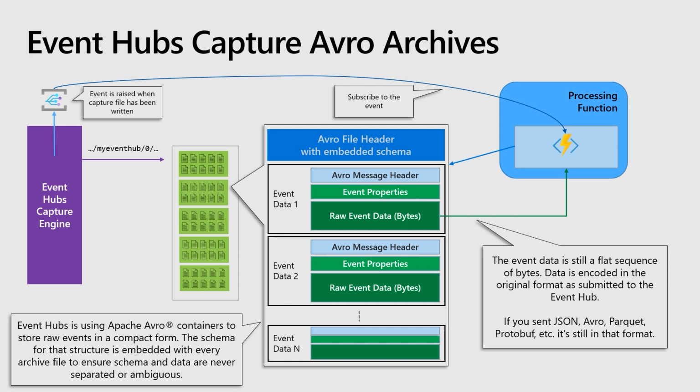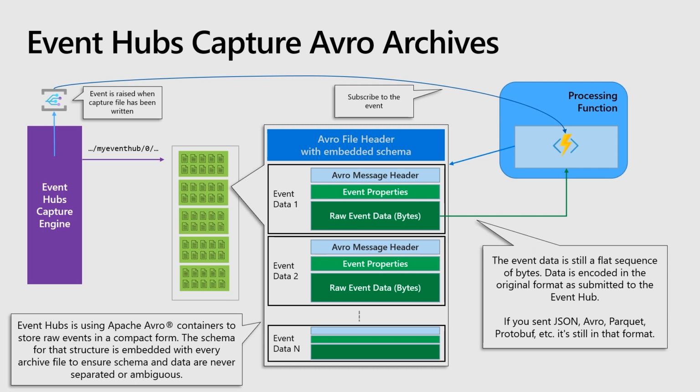We're simply storing the raw event data as Avro, a choice we make because of the compactness of the format. That doesn't mean that if you prefer Parquet, or XML, or JSON for your payloads, that you can't use that with it. It's completely independent. The payloads stay as byte arrays.